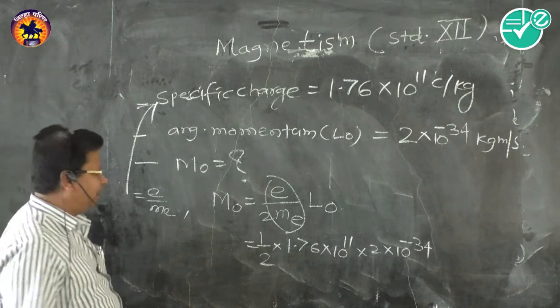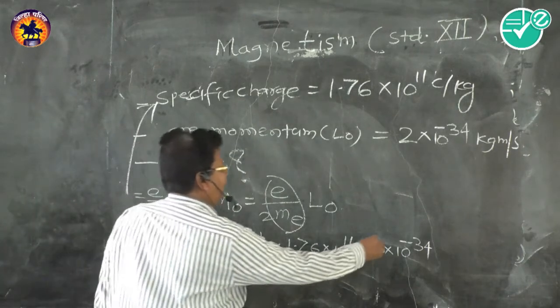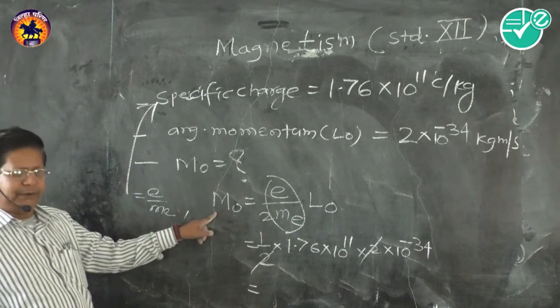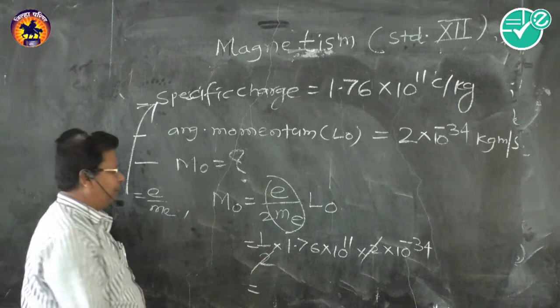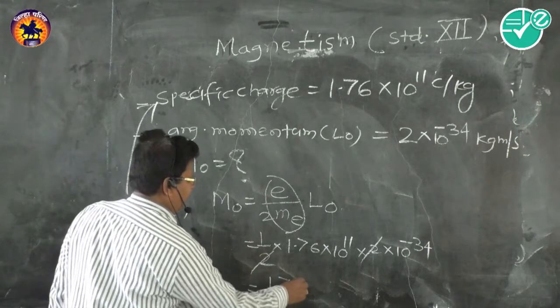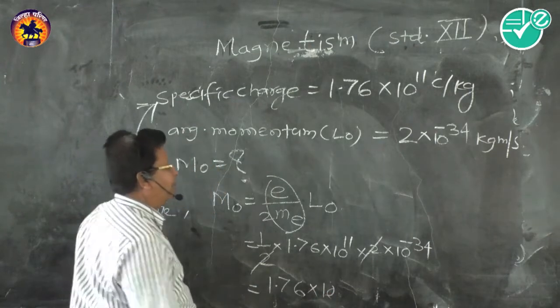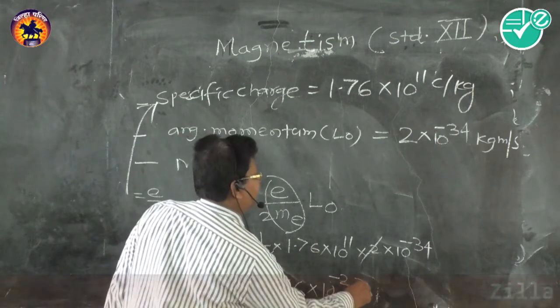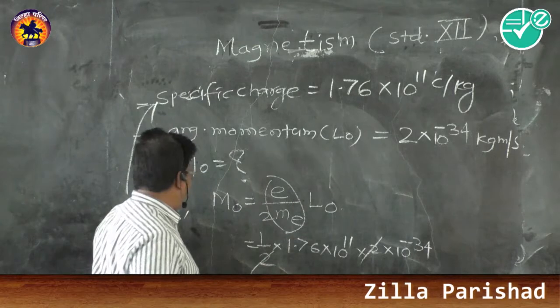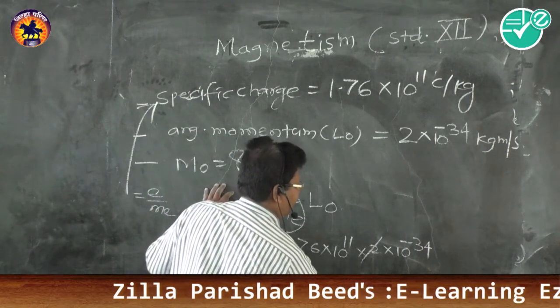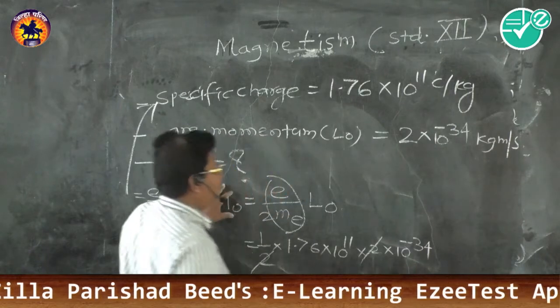If we calculate this, we find the orbital magnetic dipole moment comes out to be 1.76 into 10 to the power minus 23, and the unit of magnetic dipole moment is ampere meter square.